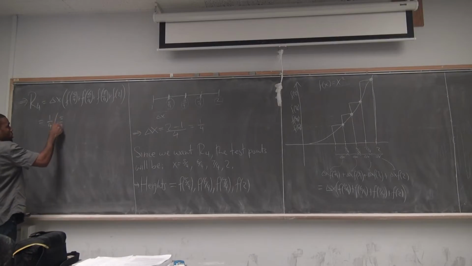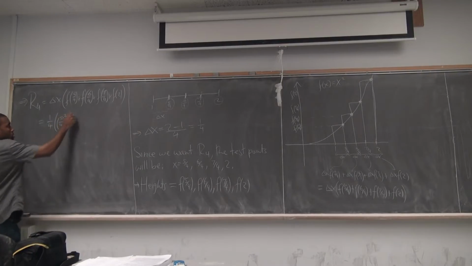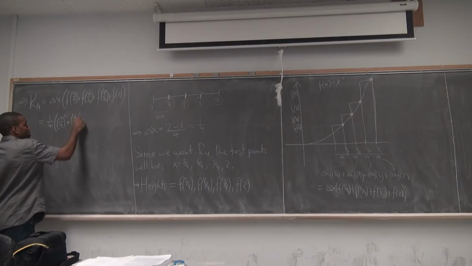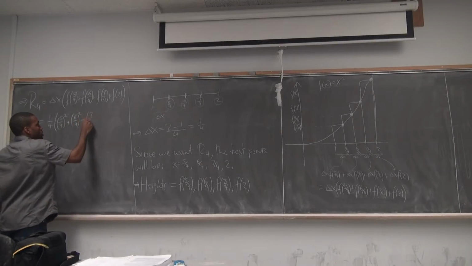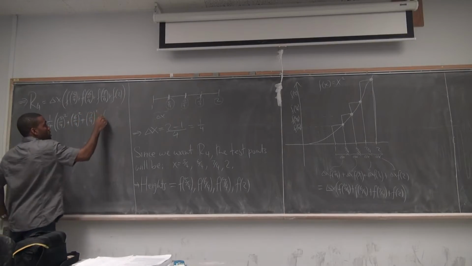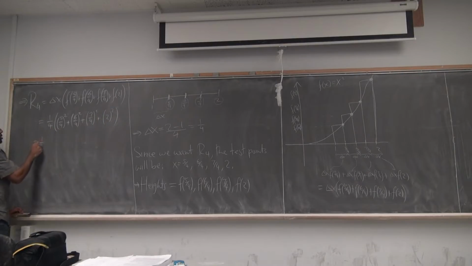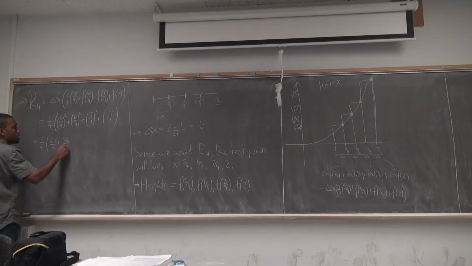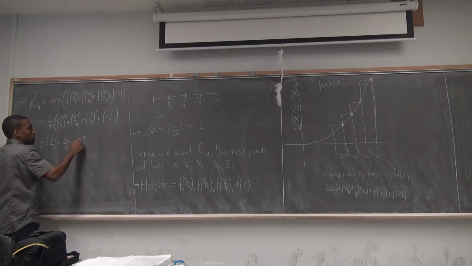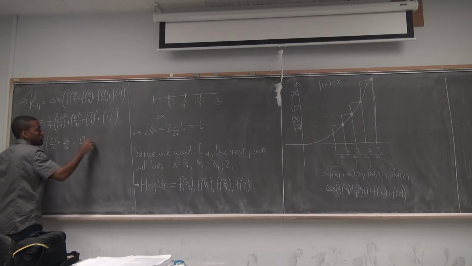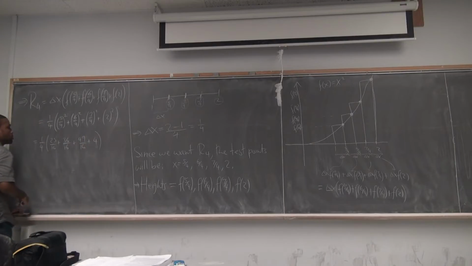Right, 5/4 squared plus 6/4 squared plus 7/4 squared plus 2 squared. Just plug into the function. So I get 1/4 times 25/16 plus 36/16 plus 49/16 plus 4. And this here is an approximation of the area.